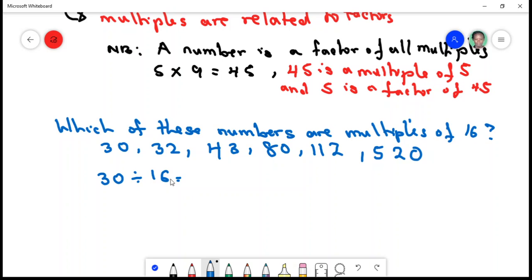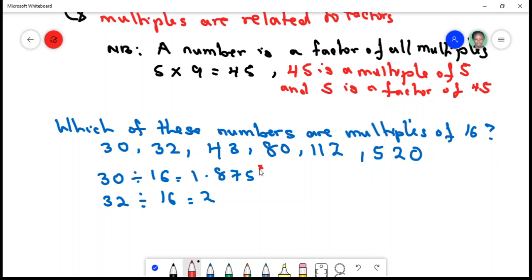But if I divide 30 by 16, what do you have? Pause the video and let's do it and see. You realize that you are getting 1.875. If I take 32 divided by 16, what do you have? 2.